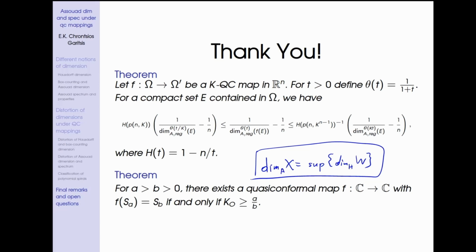Other comments or questions? Maybe a very quick, small comment or question. So you had the nice application of this Assouad spectrum to proving for which K the maps S_A and S_B are quasi-conformal. I was wondering, have you thought of also a different proof using maybe modulus, similar to rectangles? It would seem like if the spiral is winding a lot denser, then you'd have some rectangle being stretched a lot into the spiral, or perhaps some kind of argument like this.